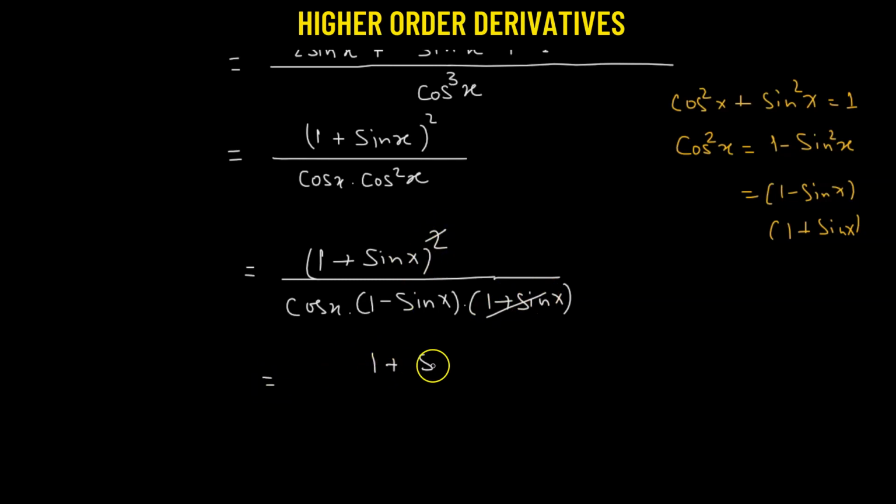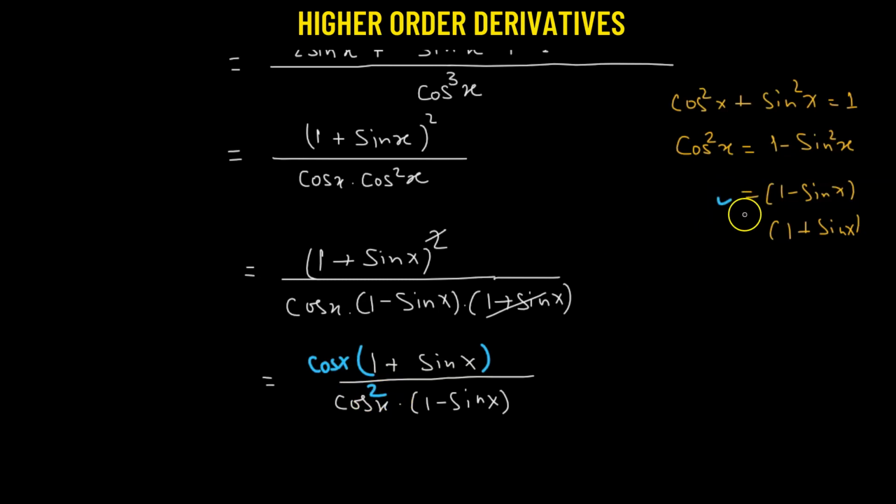So that gives us 1 plus sine x divided by cosine of x multiplied by 1 minus sine x. Now in the next step, we will multiply both the numerator and the denominator by cosine of x. So that means in the denominator we'll get cosine squared x.